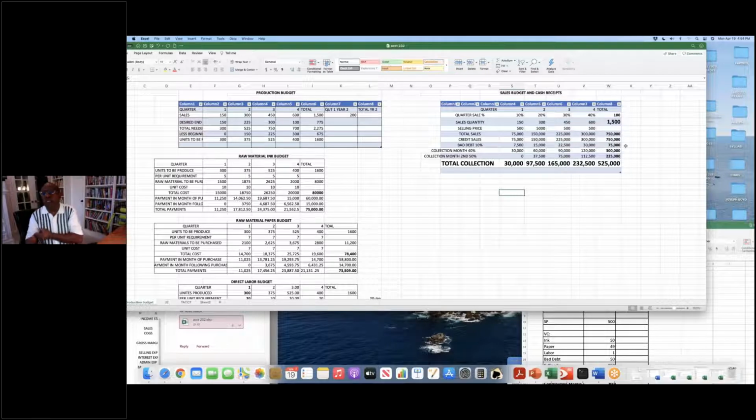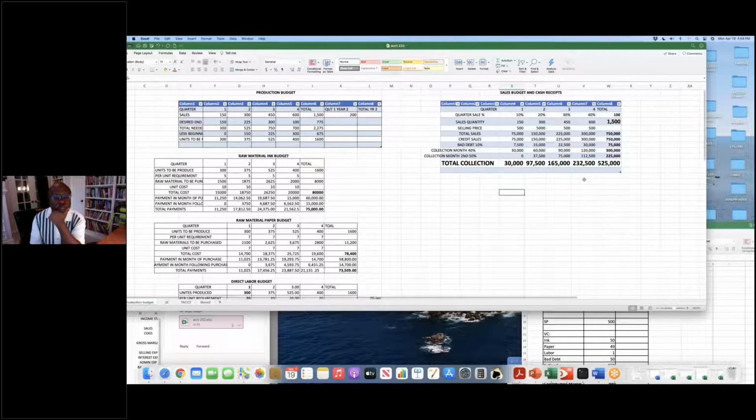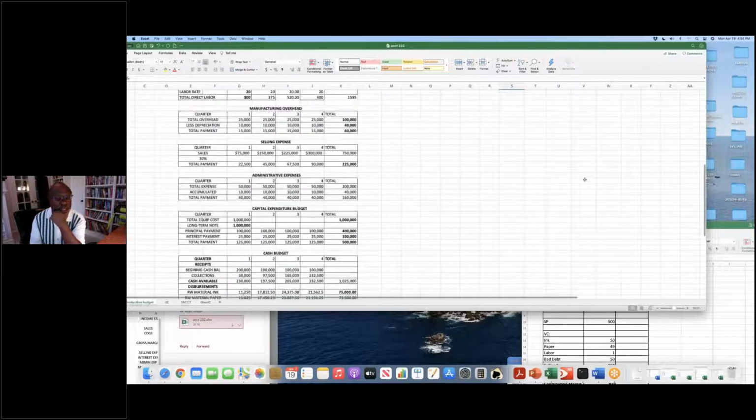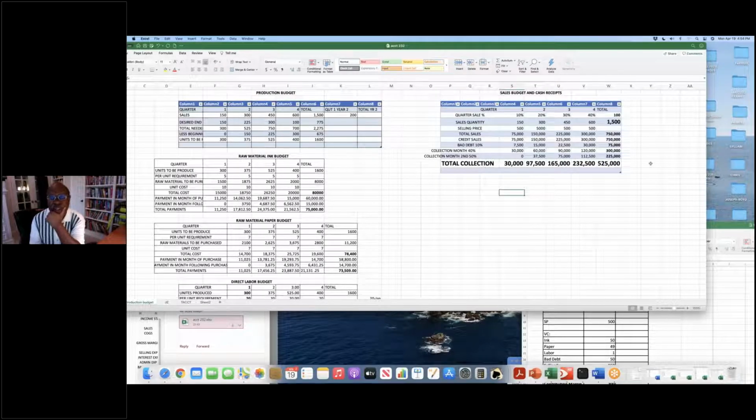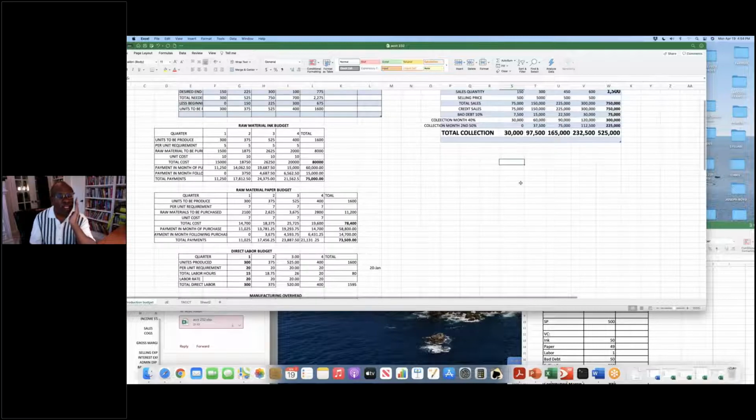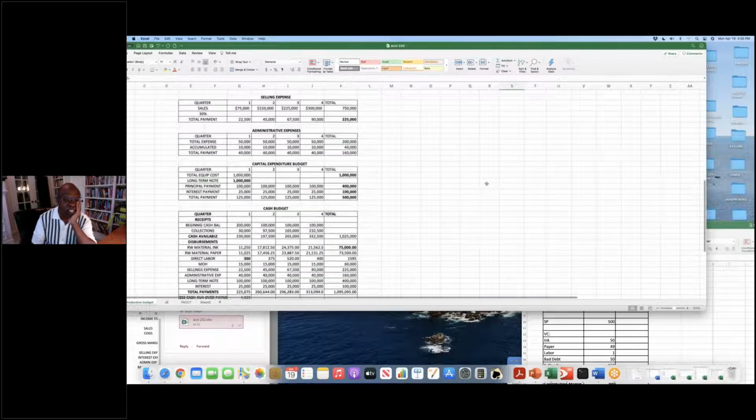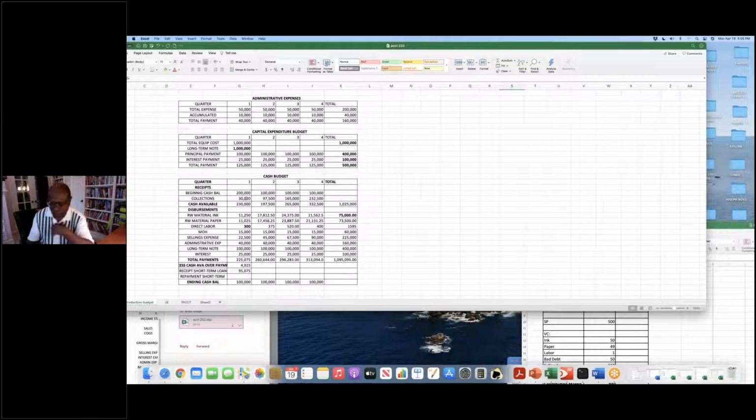For everyone, keep in mind that the purpose of these budgets is that the last number gives us the number going on the cash budget. For receipts, 30,000 is how it comes in on the quarter. When we get to the cash budget, we have 30,000 and we're trying to determine whether we have to borrow money. We do have to borrow.